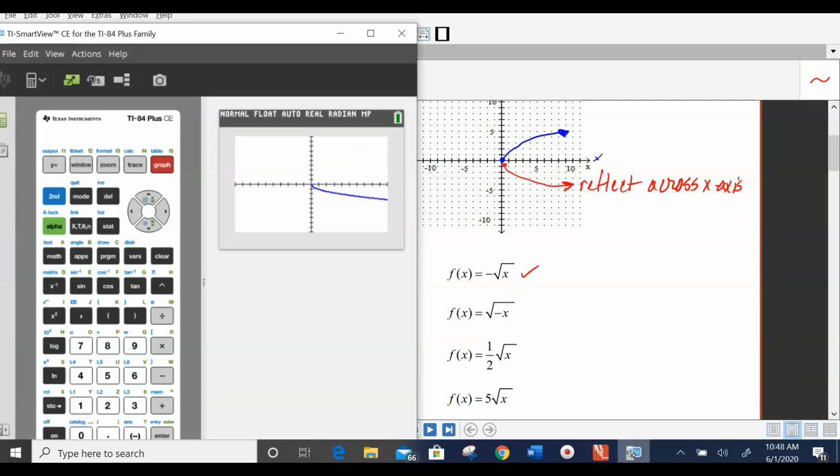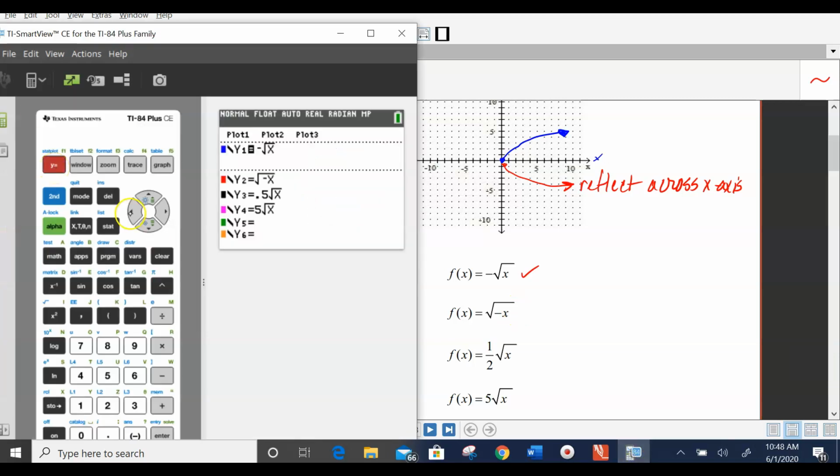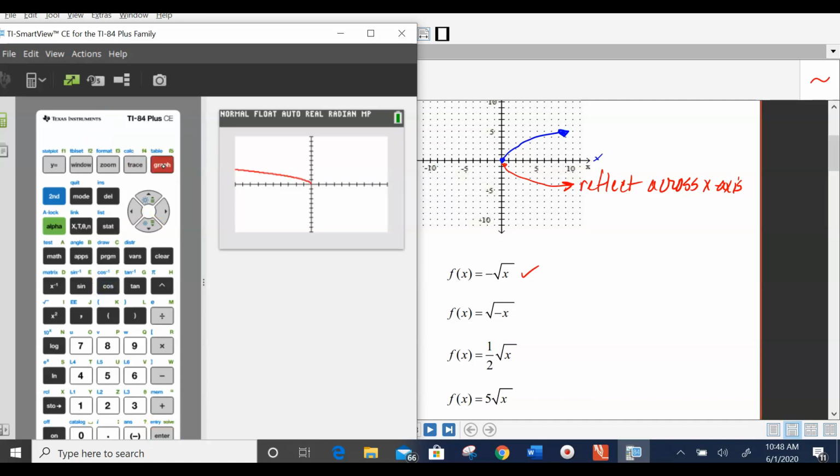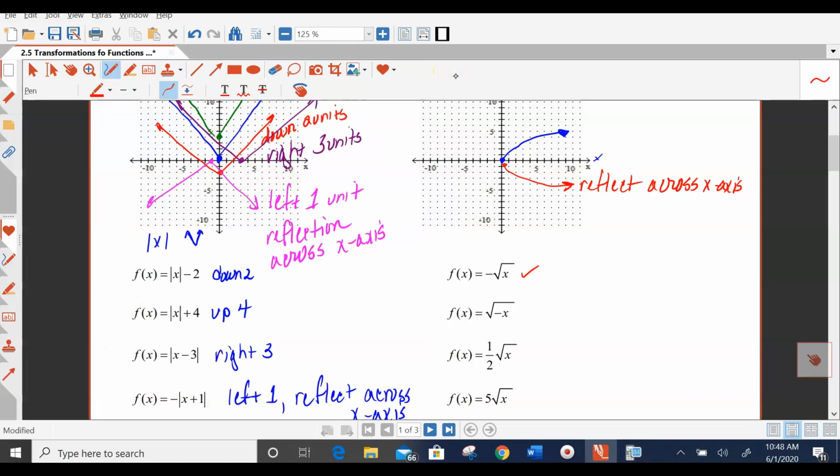What happens to him? So let me go to y equals. Let me turn him off, and let me turn him on, and let's graph. Ha! The original blue goes in that direction, but this one now arcs out to the left. So when I compare them, I'll do this one in green.